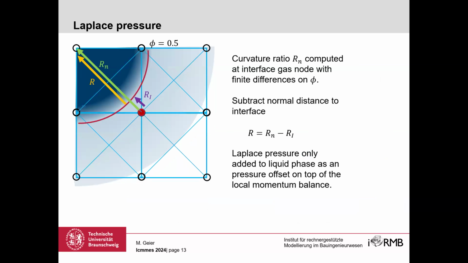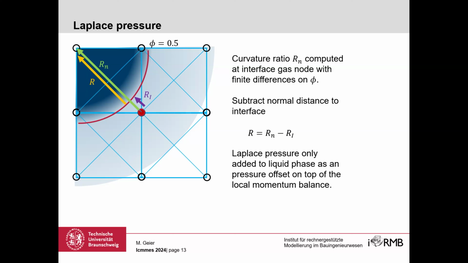So in the Laplace pressure, this is the only time when we actually consider the distance of the node to the interface, because we do all the calculations on the nodes. With some equation that I found in a very old paper, we can calculate the effective radius of the phase field, because the phase field is everywhere.